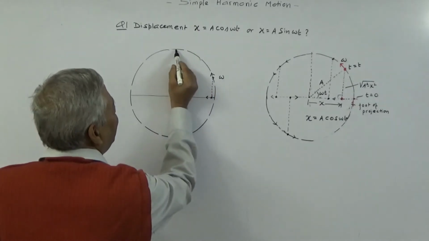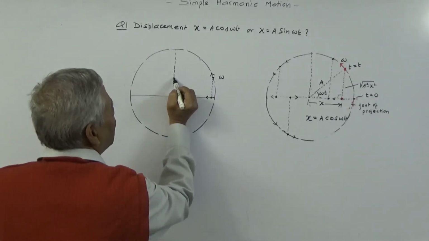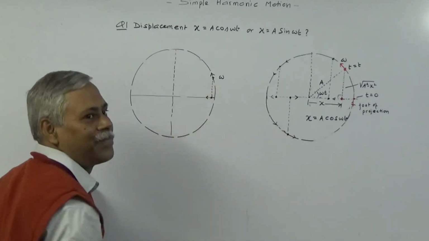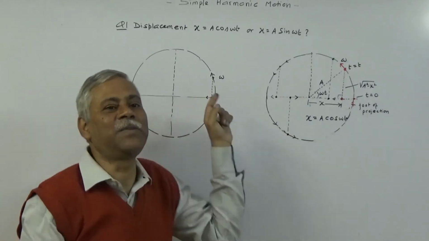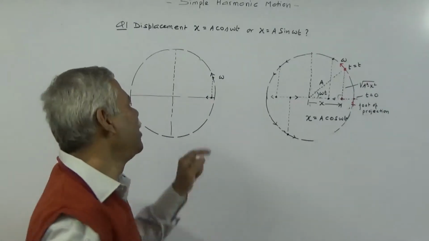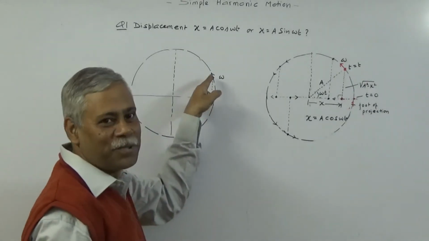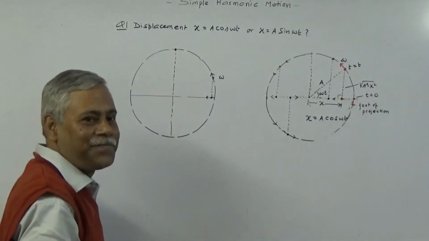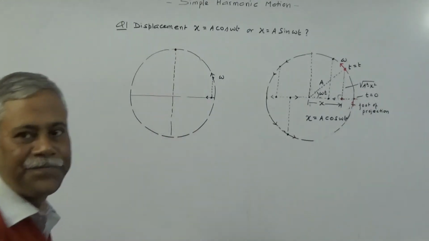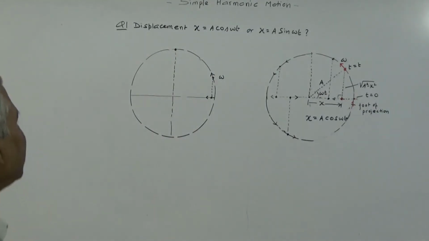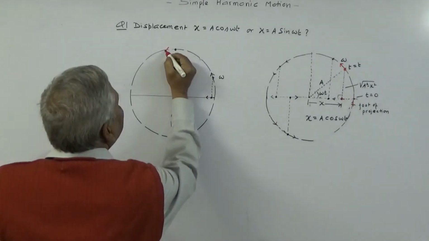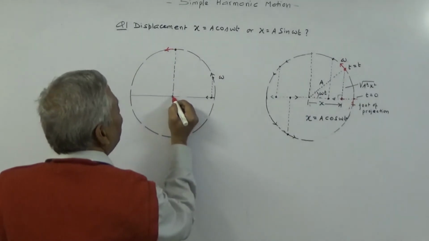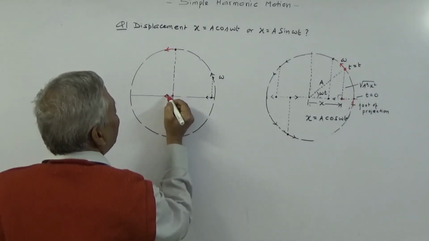Then at some instant, this particle, sometimes I will call this particle the parent particle, because this is actually the parent of the foot of projection. So at some instant, the parent particle is here, going in this direction. The foot of projection is here, going in this direction.